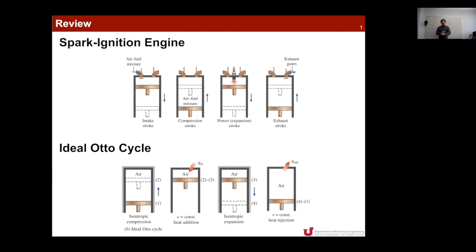The piston moves up to compress the fuel and air mixture to make it high pressure and, as a result, also high temperature. As soon as that stroke is over, the spark plug, which is a part of the engine, ignites a spark to initiate the combustion process. After the combustion process, the air and fuel mixture becomes totally burned gas, and the resultant pressure and temperature are drastically high.